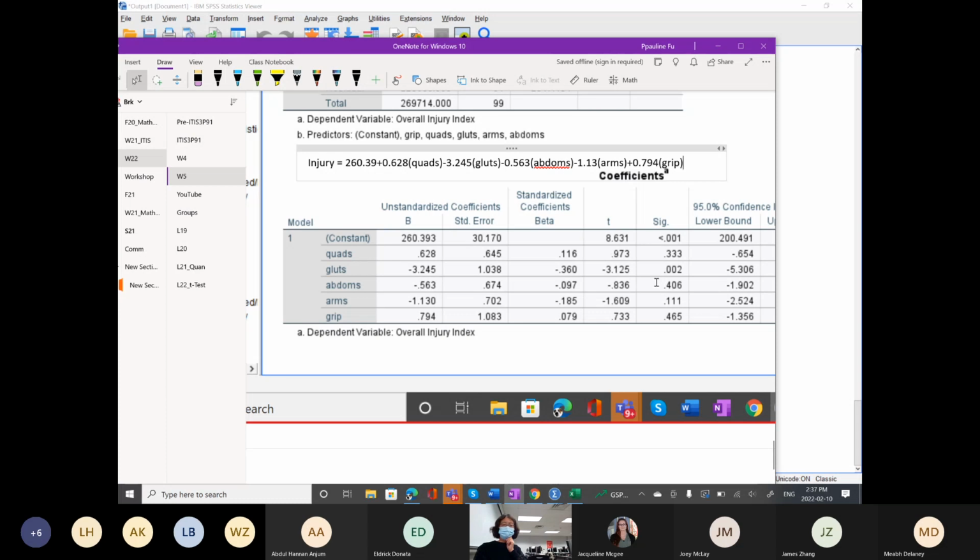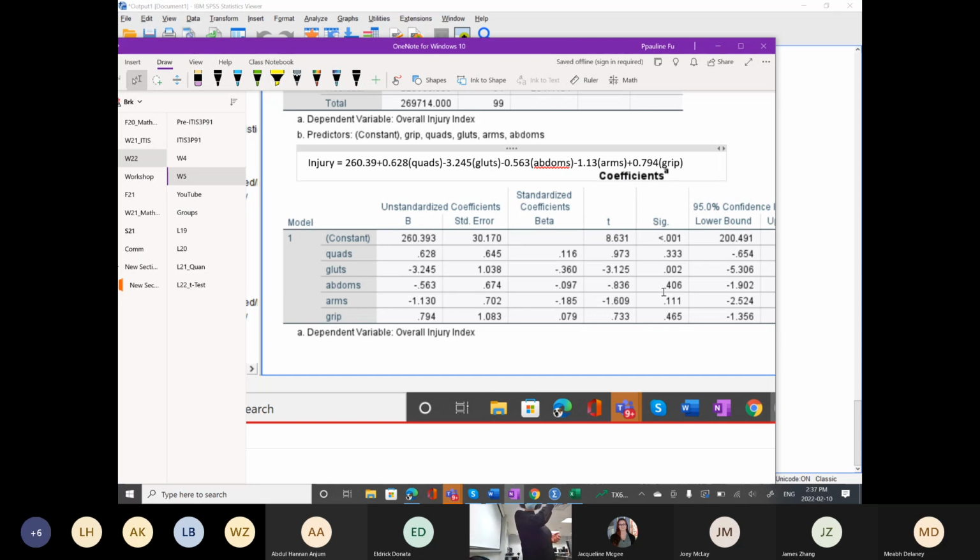Next variable, abdomens, 0.406, not significant. You could delete this variable, but not at this time. When you delete variables, you have to do one at a time. For example, the first time you run this multiple regression, you use 5 x.